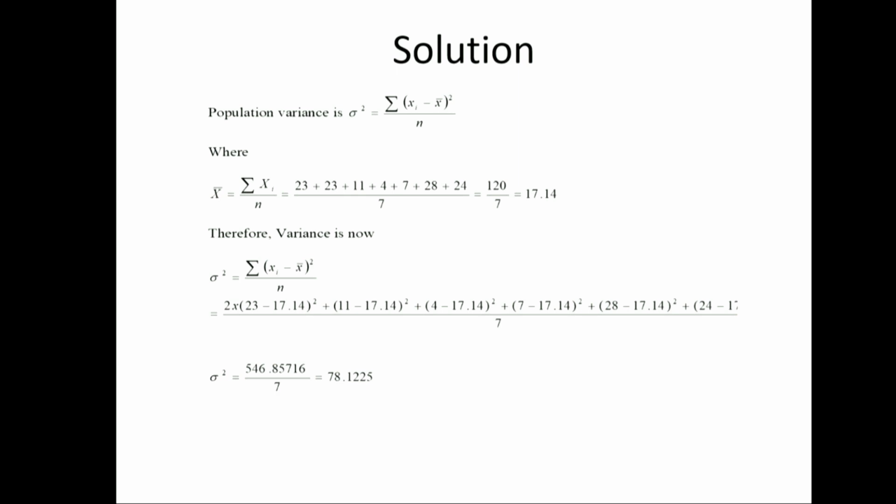Therefore, for the variance, sigma square is the sum of xi minus x bar, everything squared, where the mean is 17.14.